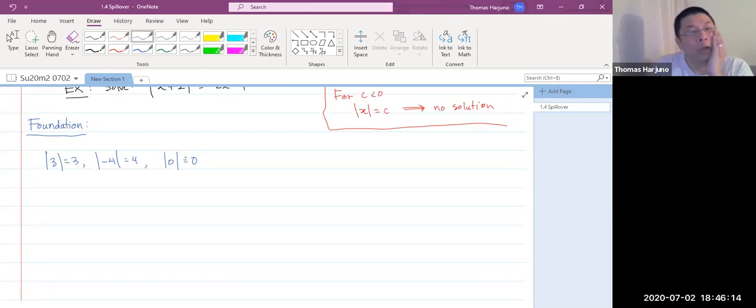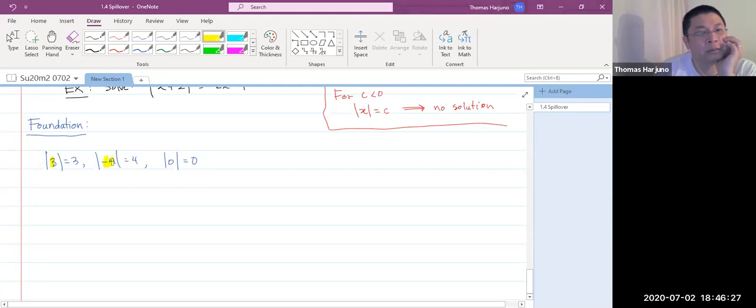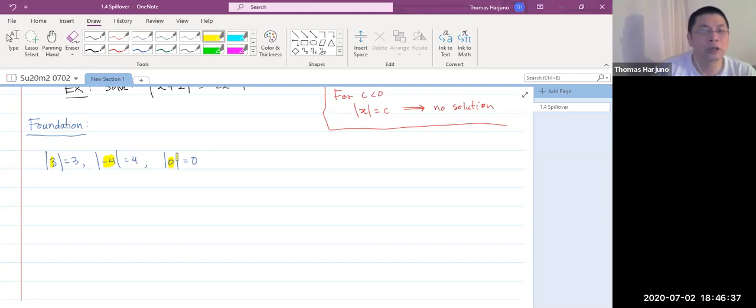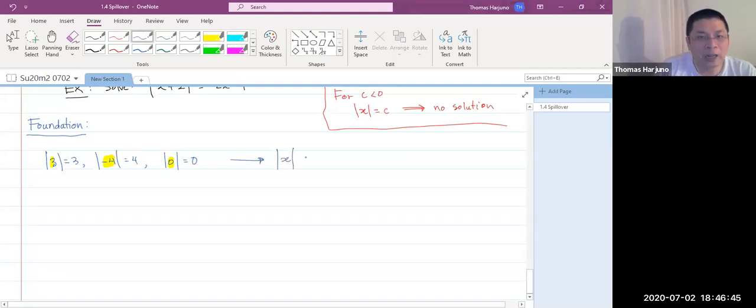Now we know that what absolute value is doing is to give us, quote unquote, the distance of that expression, or in this case, the distance of these numbers from 0. So the outcome of an absolute value should be either positive or 0. We know that absolute of anything should be positive or 0. That's a very, very important foundation.